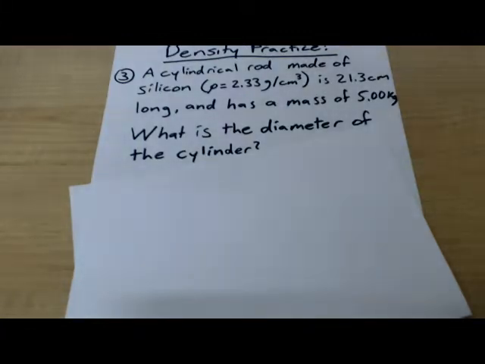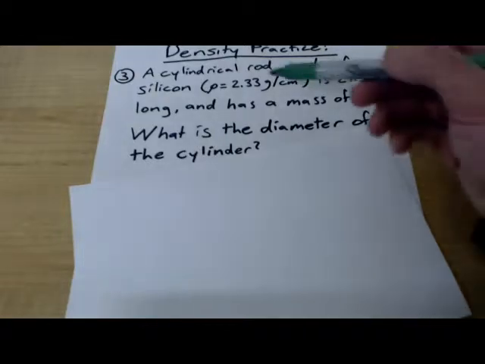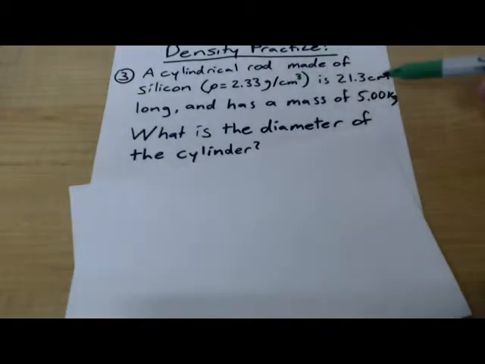Okay, so this is a two-part problem, and right off the bat, I'm going to first look at the units that we're given. We're given density, and we're given mass. Having both of those shows me that we can use the density formula to figure out the volume.